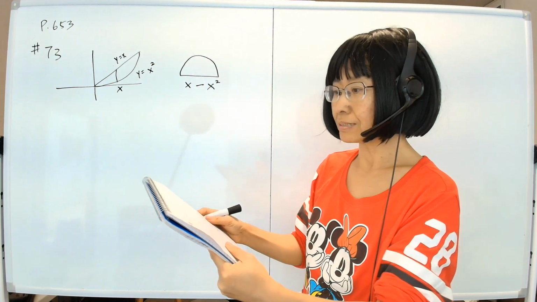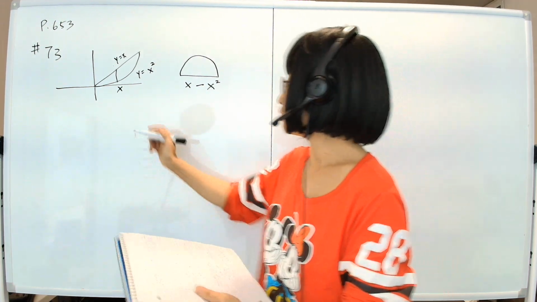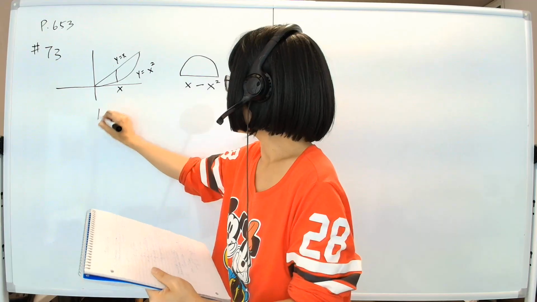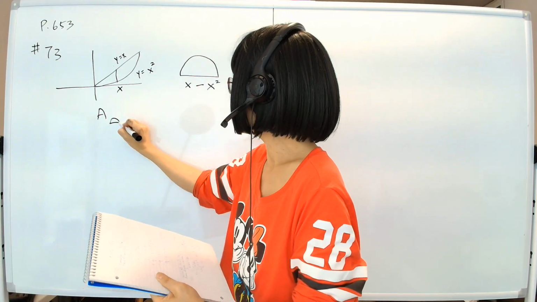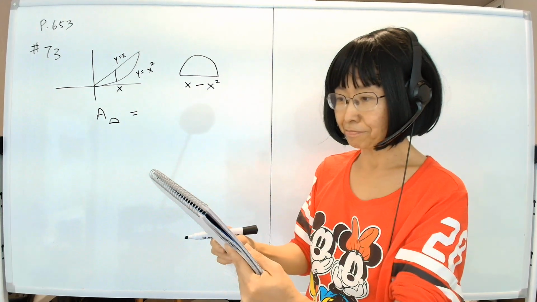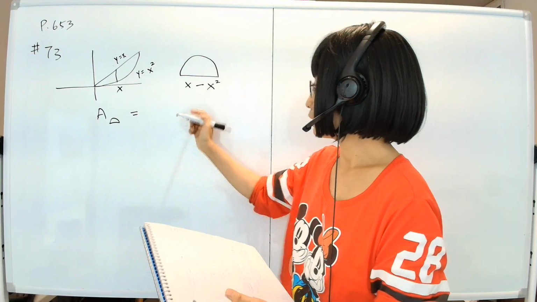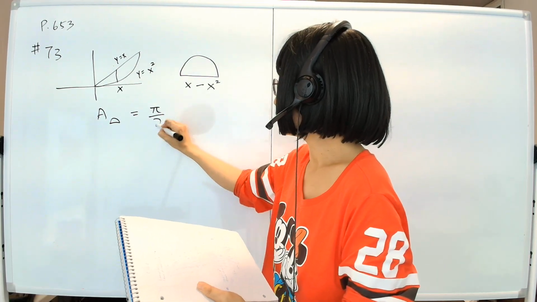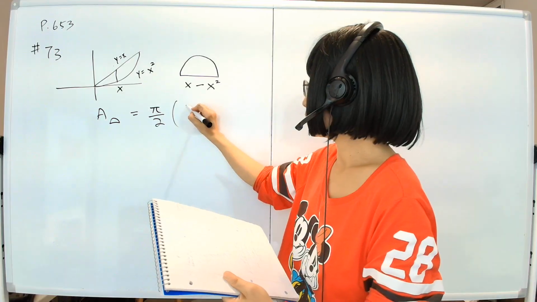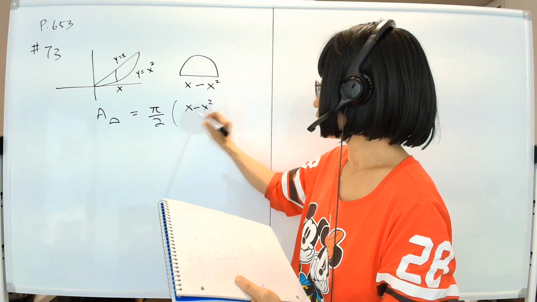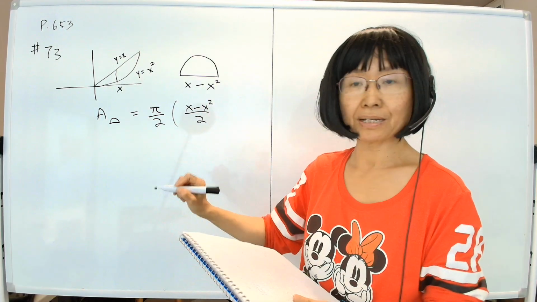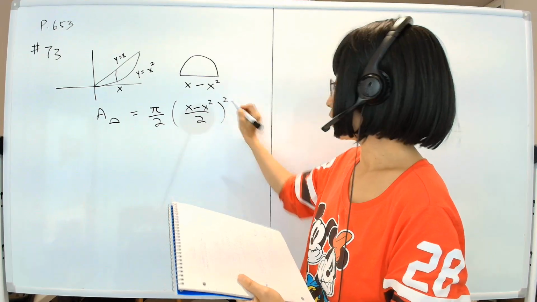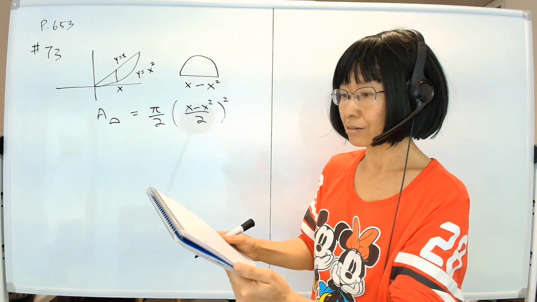That would be the diameter. So the area of the semicircle equals pi r squared, except that you have to divide by 2, and the r equals x minus x squared, also divided by 2 to become the radius, and then squared.